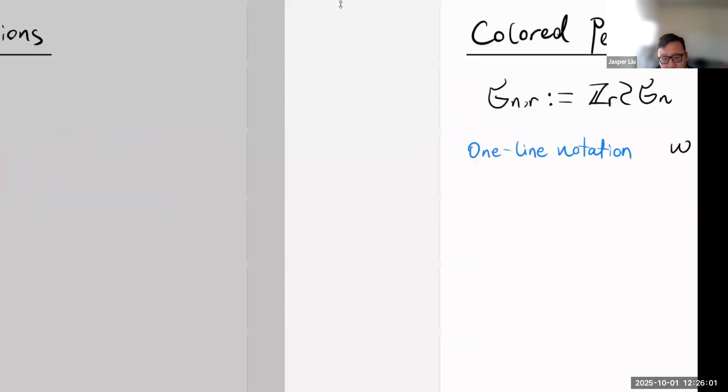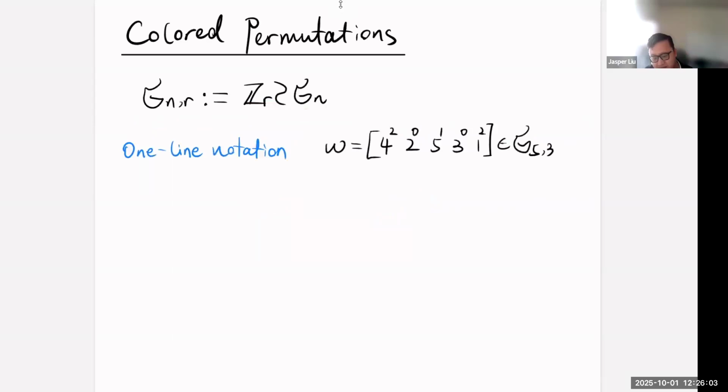It can be viewed in one-line notation as an underlying permutation with a coloring of each entry in the one-line notation. The colors can be chosen from 0 to R minus 1. So R is the size of the cyclic group.